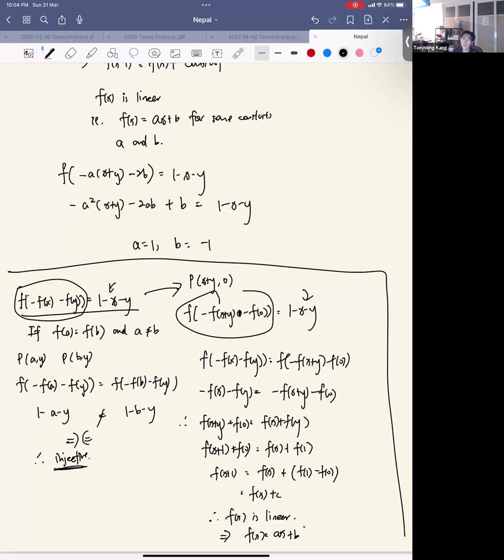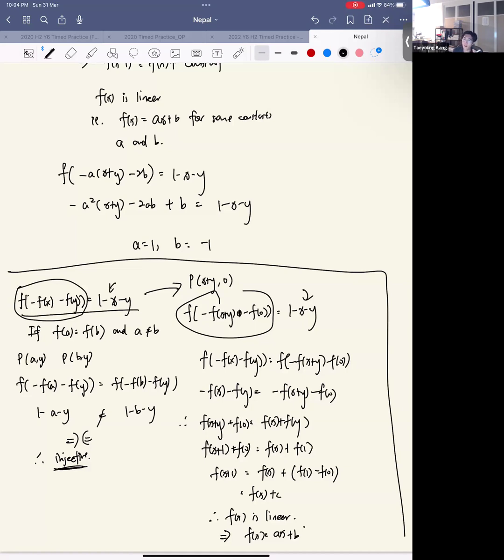In this case, make the right-hand side the same so that you can remove the f on the outside due to the injective condition. And then after that, you're like, oh, this kind of looks linear, right? Because f(x) plus f(y) equals f(x+y) plus f(0).